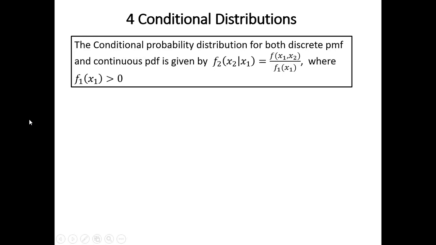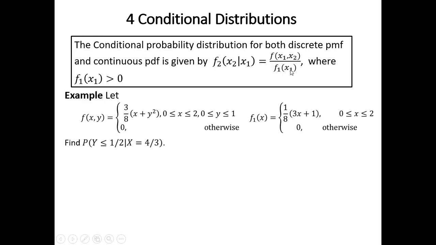We could say that the conditional distribution, f2 of x2 given x1, is the way to think about it: the original PDF over the marginal PDF with respect to x1. So this given condition changes things. We have the original divided by the marginal.